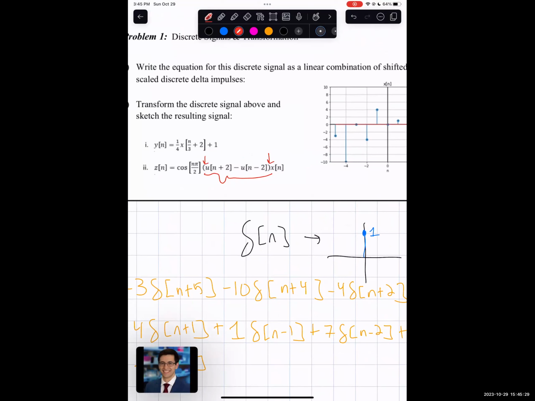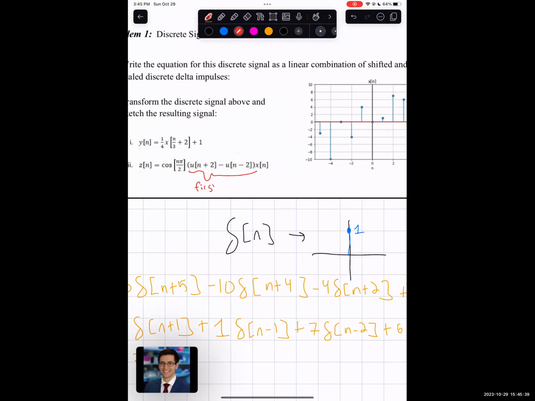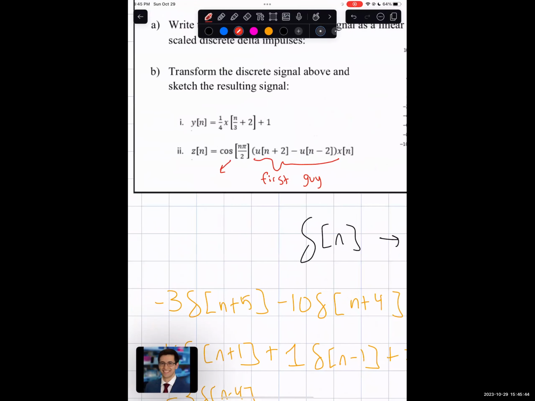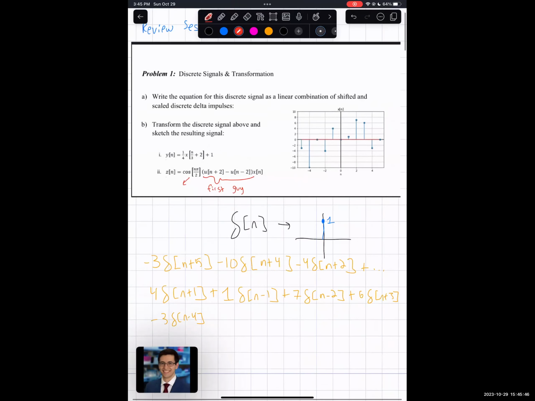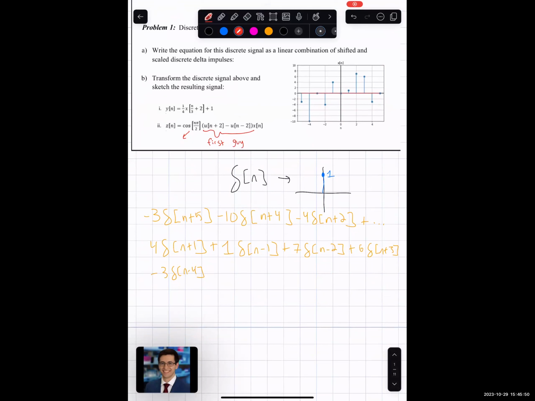We have two step functions in there, and we're subtracting them, and after we subtract them, we're multiplying x of n by that. So this is our first guy to figure out. The second guy is this cosine of n pi over 2, which just oscillates as it's a cosine function. So some values will flip, some values will become 0, some values remain unchanged.